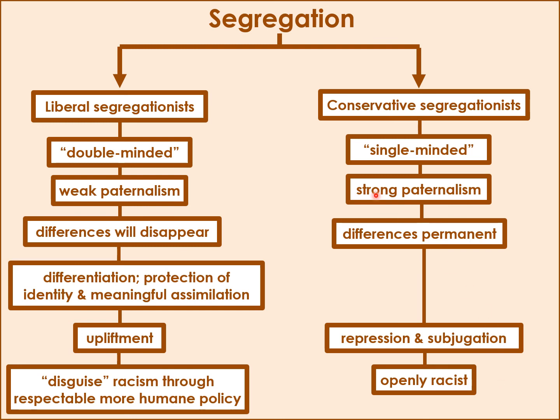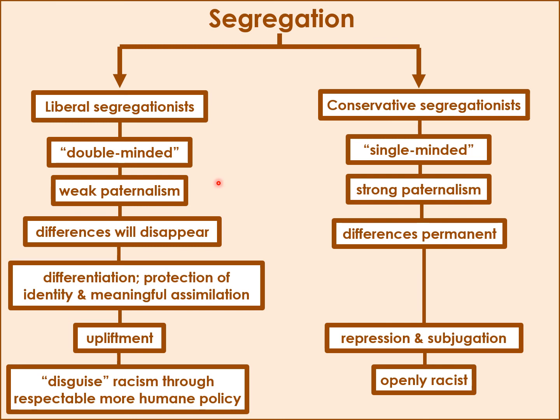On the other hand, liberal segregationists, also known as double-minded, thinking not just about themselves but apparently also about the black population group, had thoughts linked up with weak paternalism.